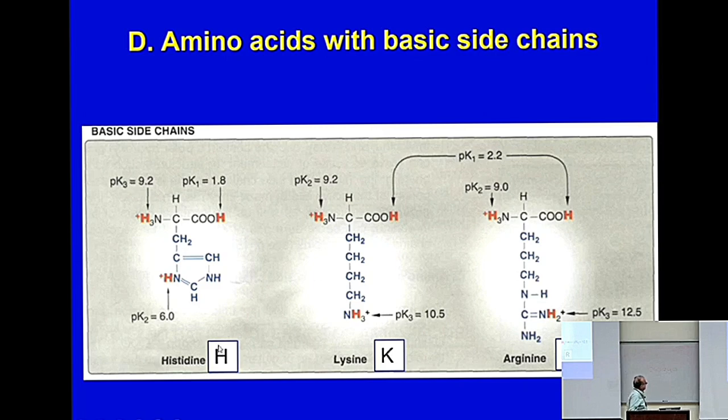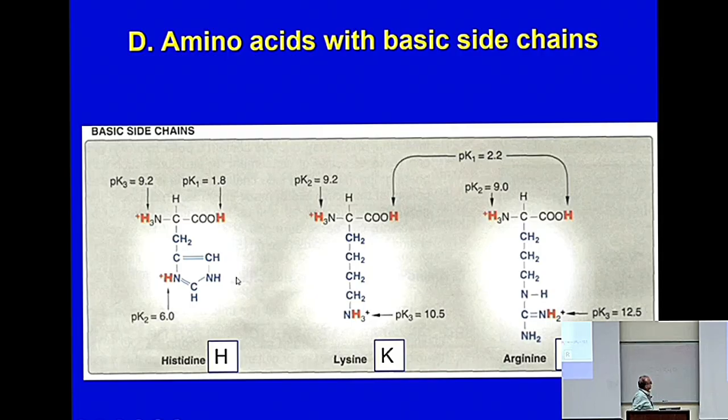That means the side chain can exist with half of it in the protonated form and half in the unprotonated form. This pH is around pH 6, which is very close to pH 7, the physiological pH.